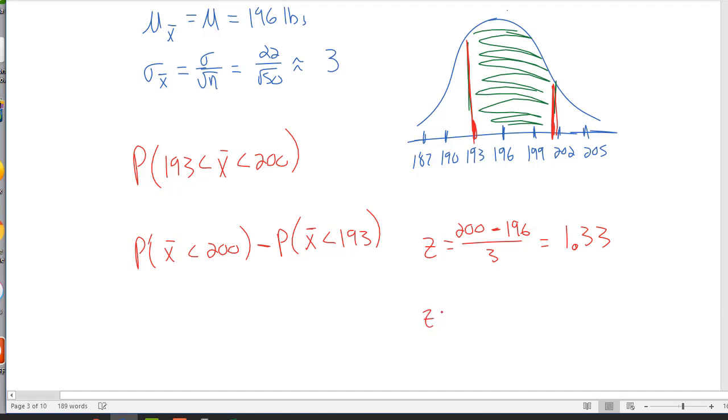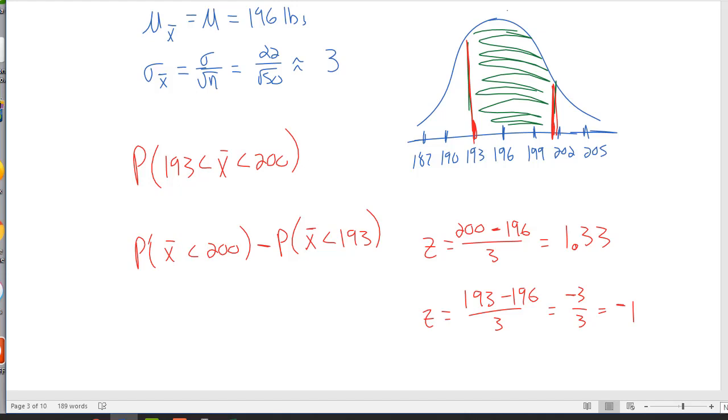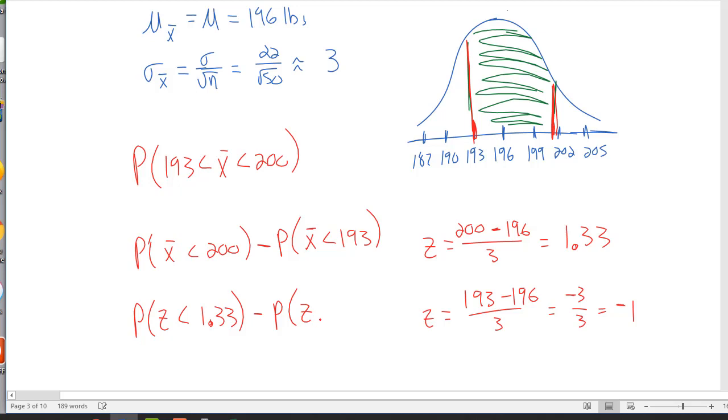And then if I find the z for 193, this one should actually be pretty easy, right? Because that's negative 3 over 3, which is negative 1. So in terms of a table, we're finding the probability that my z-score is less than 1.33 minus the probability that my z-score is less than negative 1.